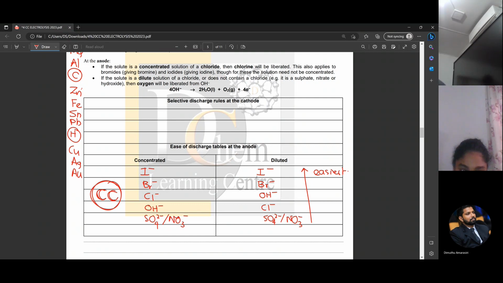Study, don't cheat yourself. Don't forget the first rule as well: the ion of less reactive element will discharge.